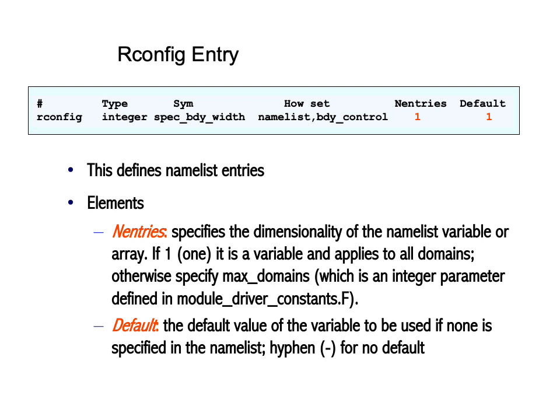It is a scalar variable. It's valid for all of the domains. Examples of this would be things like, what is the model top? Default allows you to specify what the value of this namelist entry is going to be if it is not defined inside of the namelist. If it is defined in the namelist, it overwrites the default value.